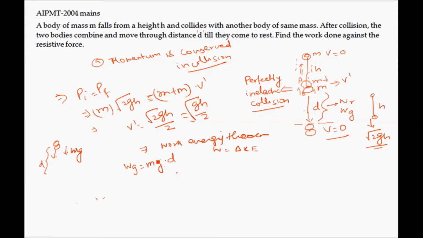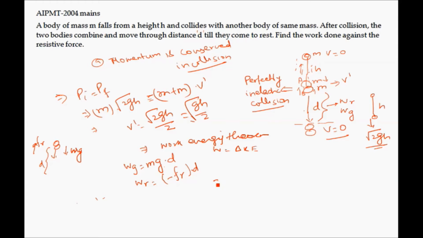Force and displacement are both in the same direction, so the angle theta is 0 and the value is mgd. The resistive force Fr acts in the upward direction and the displacement is downward, so the work done by the resistive force is equal to minus Fr into d.